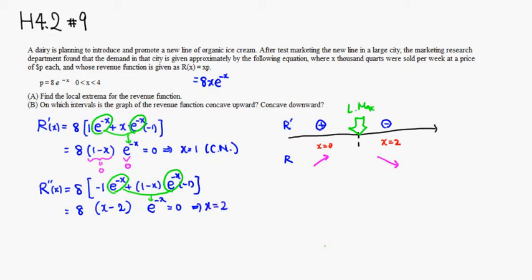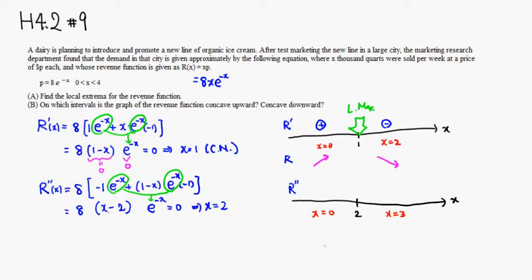Let's do a number line again for the second derivative. You put 2, then you look at the second derivative. Try anything smaller than 2, so I'll try 0. Anything bigger than 2, I'll try 3. Then look at the sign.